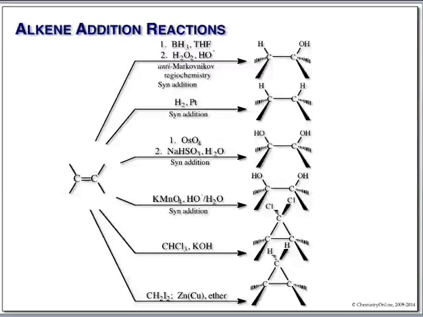In this set, we're going to look at reduction. In reduction, we're going to take an alkene and convert it to an alkane. We're going to look at osmium tetroxide, potassium permanganate to give 1,2 diols that are cis to each other.